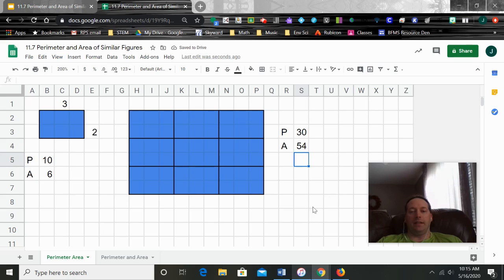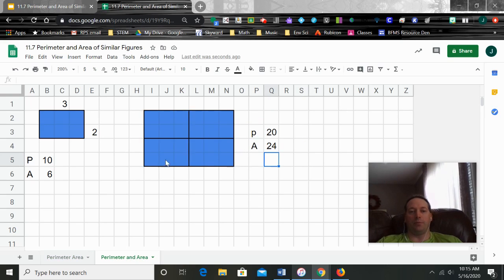So now, the neat thing that we would do next is we would actually do some comparisons. I'm going to do it here, but it's kind of cool if you guys were to do it. And you're going to notice that there's something that's connected. So for the perimeter, we're going to try to see if there's a ratio between the perimeters and the two areas. So this is pretty easy to see.